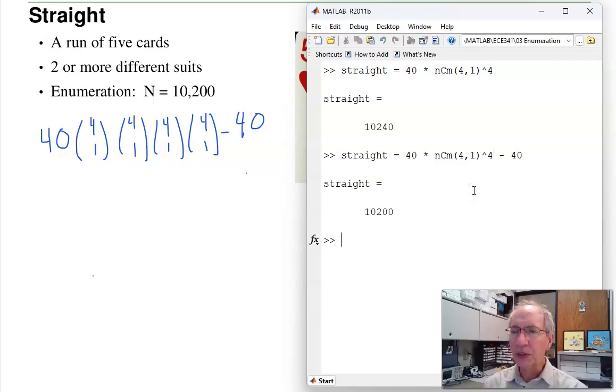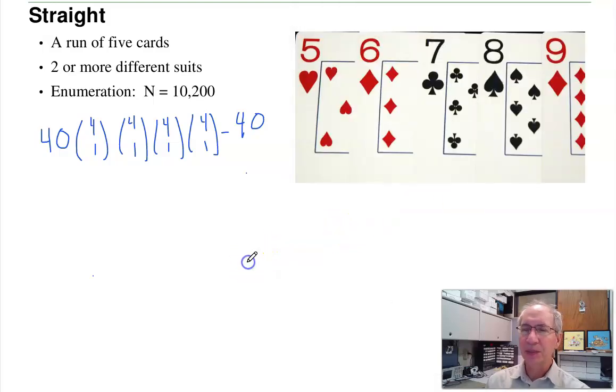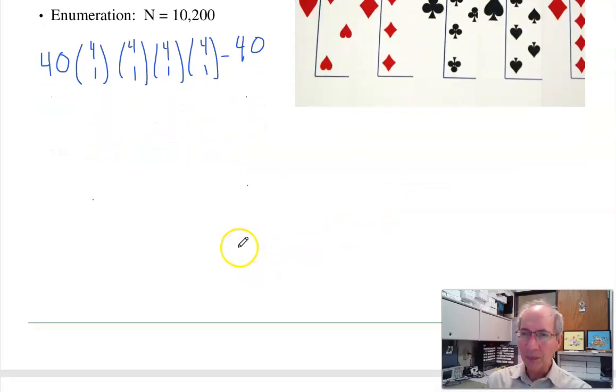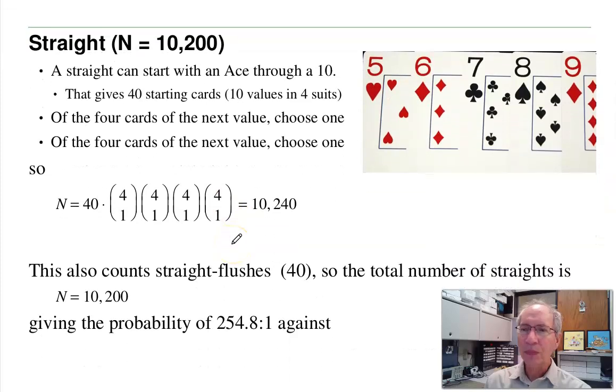Get 10,200. That's how many straights there are. And sure enough, that's how you calculate the number of straights. So the odds of getting a straight are 10,200 divided by 2.5 million, or 254 to 1 odds against.